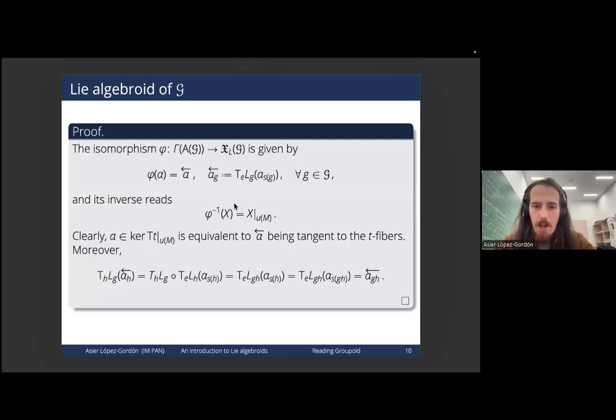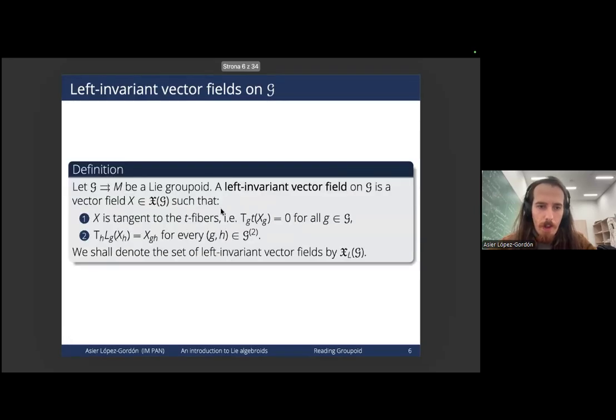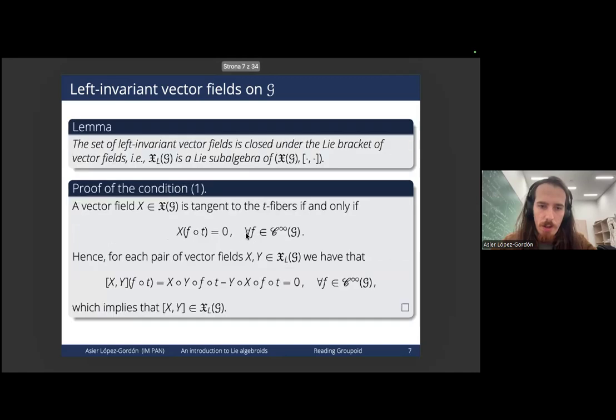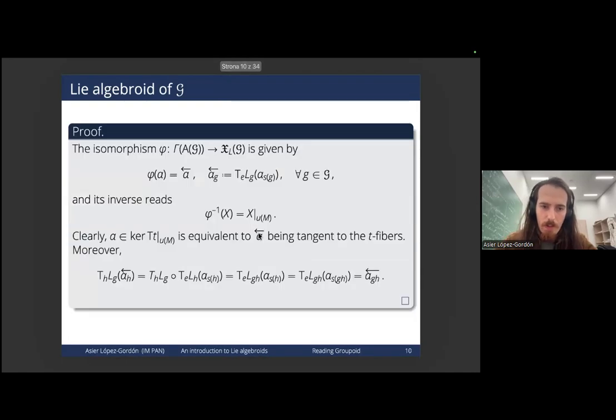And similarly, the condition of how we act by left translations follows easily by properties of the tangent map and how we define the isomorphism.